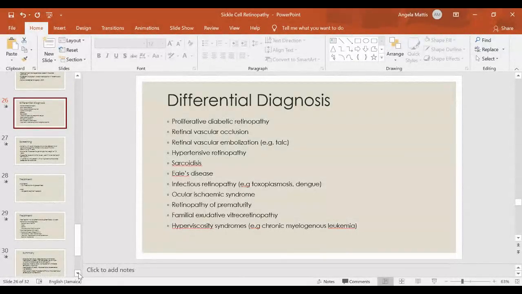You have new vessels come about when you have ischemia. So don't wear blinkers and forget about one thing when you're learning the other. When you're learning diabetes and you hear about retinopathy, don't think it is too different in terms of pathophysiology from sickle cell, because although it is a different systemic disease, the insult to the retina is more or less the same, but sometimes the location of the primary lesions may be a little bit different, okay?